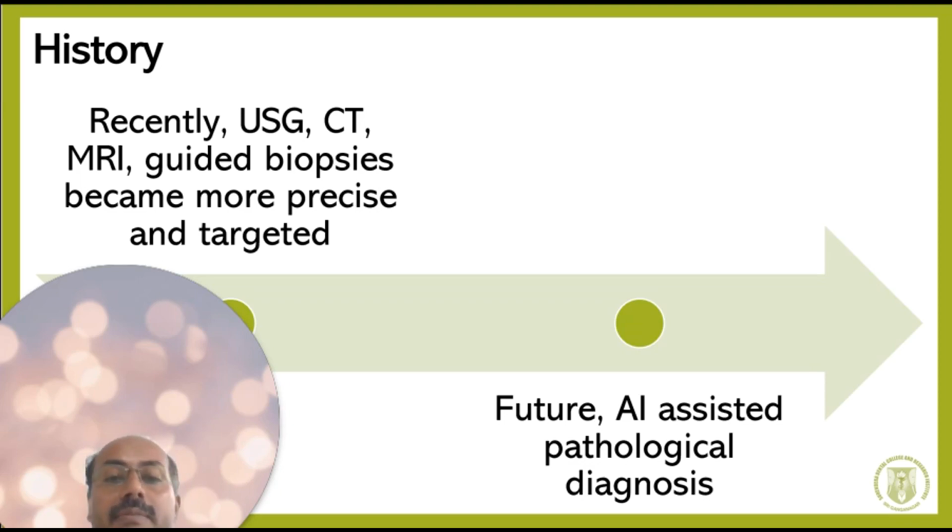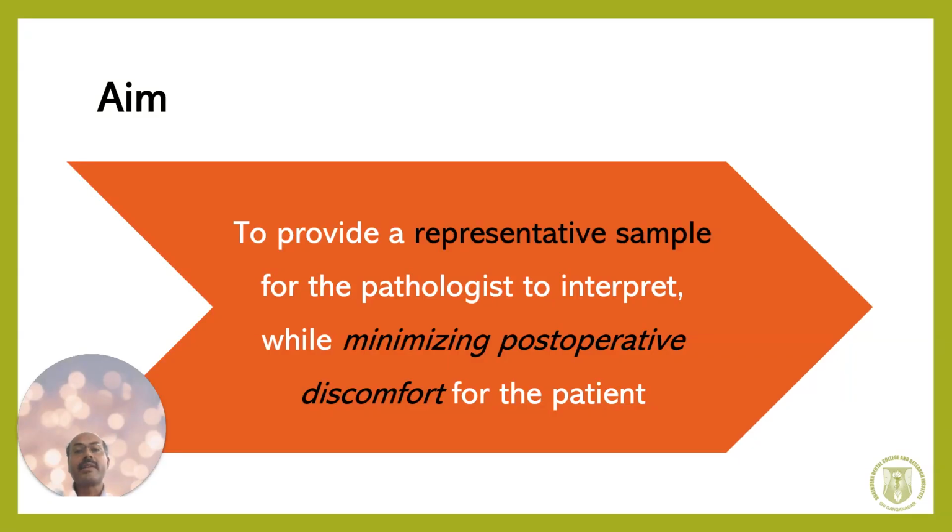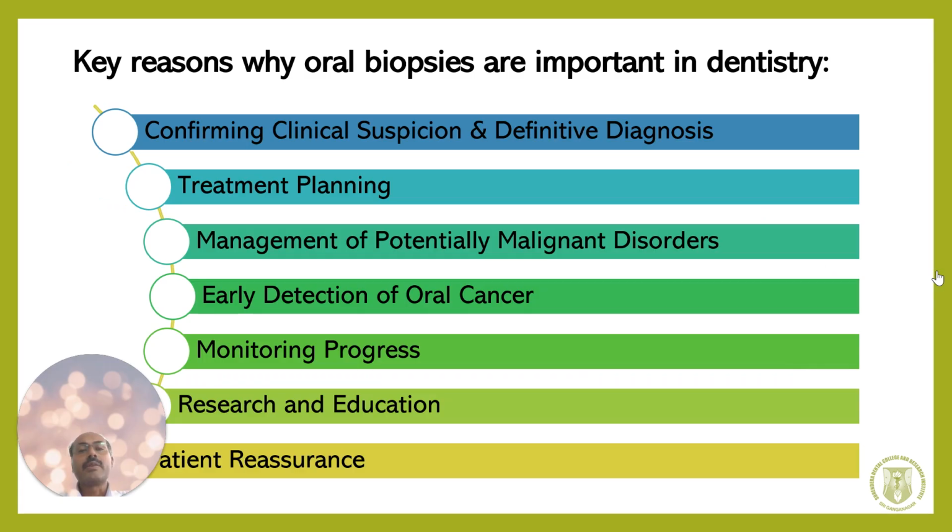So, what is the aim of doing biopsies? Biopsies are done to provide a representative sample for the pathologist to interpret while minimizing postoperative discomfort for the patient. Next, we will learn what are the key reasons why oral biopsies are important in dentistry.